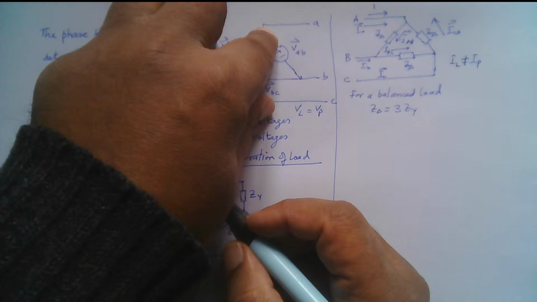Okay? And as I have described, the configuration of the voltage sources, whether it is Y or delta, describes the relationship between the phase voltage and the line voltage. And the configuration of the load, whether it is Y connected or delta connected, describes the relationship between the line current and the phase current.